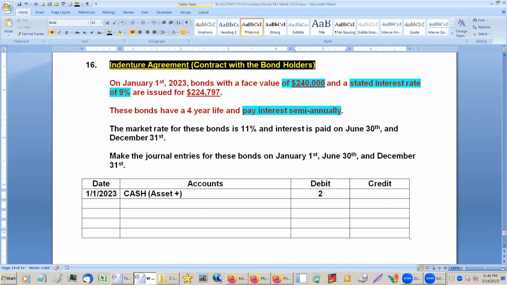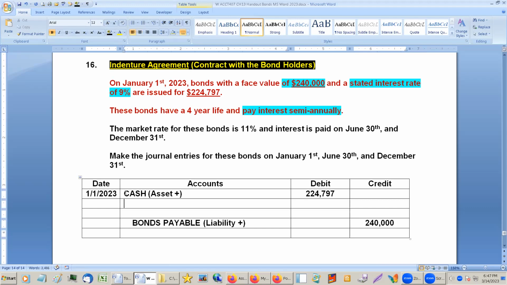We're getting 224. We owe $240,000 for the face value.